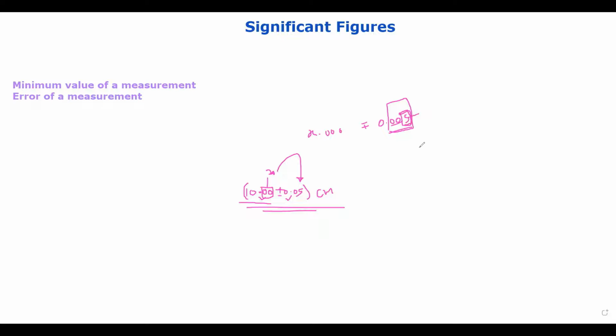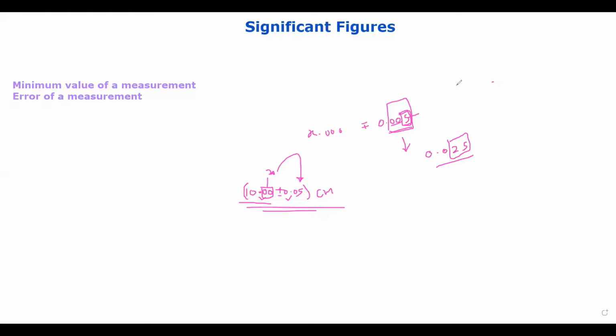Imagine by using a calculation, we got the error as 0.025. This is the calculated error. But we can't put two digits as the error. We have to round off to 1 digit. So how can we round off this value? There are some rules for rounding off.